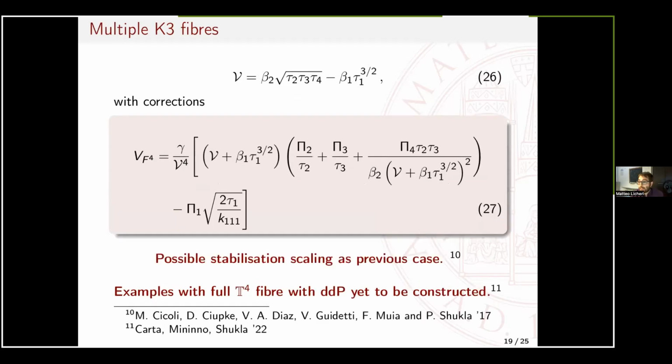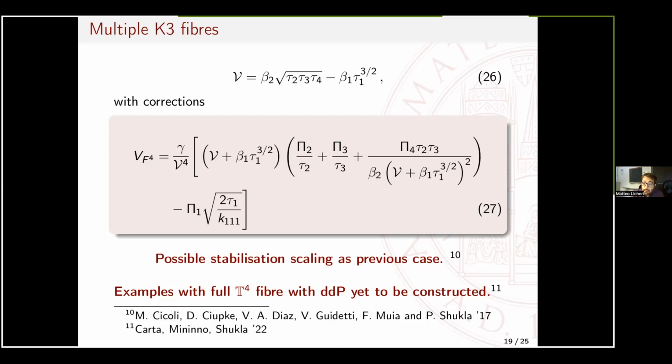A different thing is instead for the multiple K3 fiber. In fact, here we are analyzing a case where H11 equals 4, so we have an extra modulus, so another flat direction at the LVS level. And the correction will now feature another modulus.